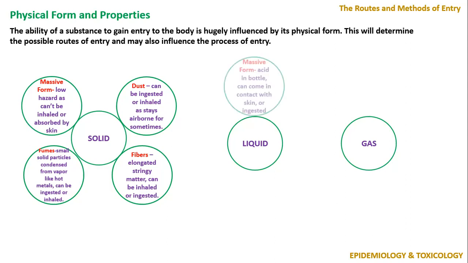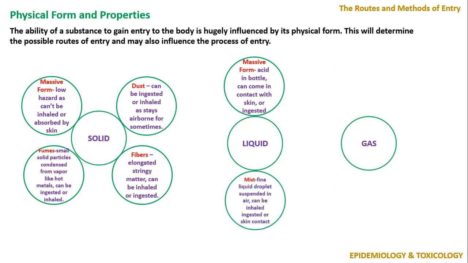Now liquid can be in the massive form, like acid stored in a bottle, and it can come in contact with skin or be ingested. Or liquid can be in the form of mist, that is fine liquid droplets suspended in the air, and can be inhaled, ingested, or enter through skin contact.